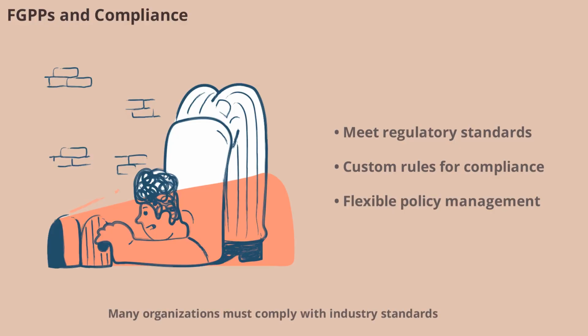Many organizations must comply with industry standards or regulations that require specific password policies. FGPPs make it easier to meet these requirements by allowing you to set custom rules for different user groups. This flexibility helps ensure your organization stays compliant without sacrificing usability for all users.